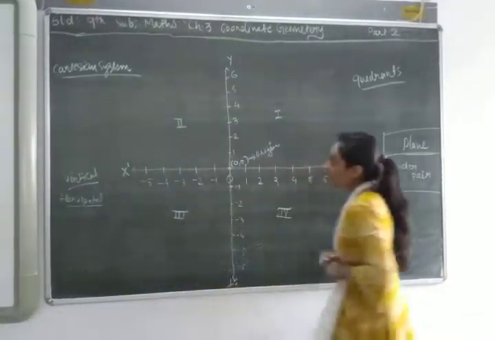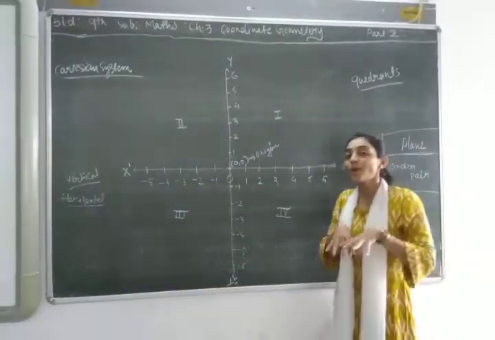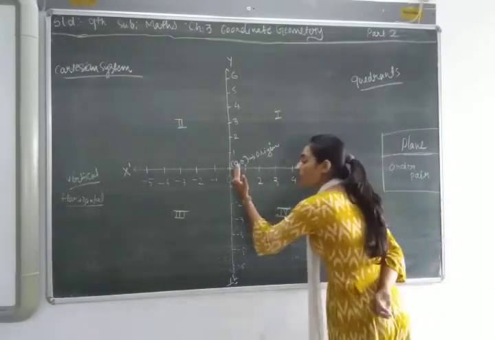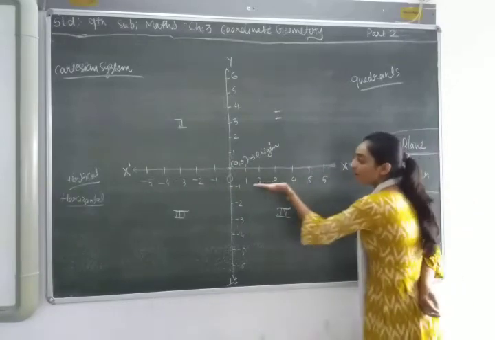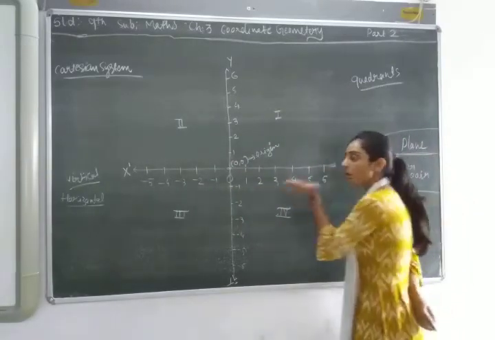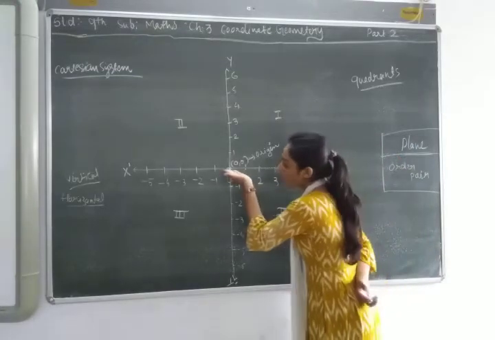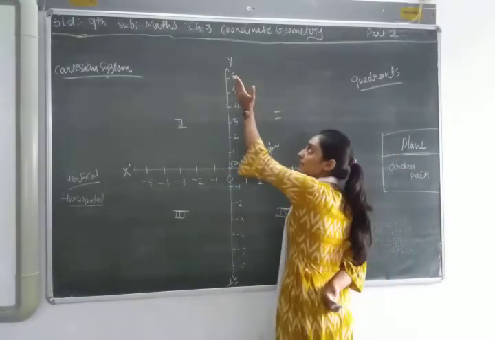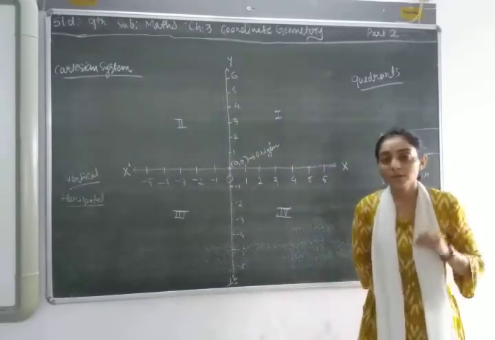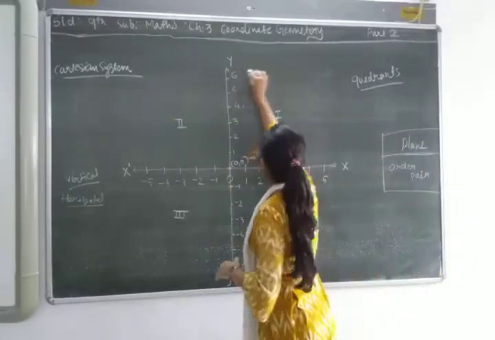Now, in my first quadrant, look over here, from 0 to x, all the points on the x-axis are positive only. From 0 to the right hand side, it means 0 to y, all the points are positive.